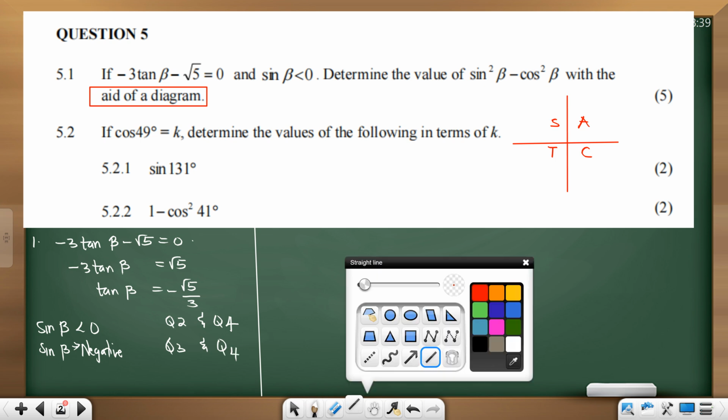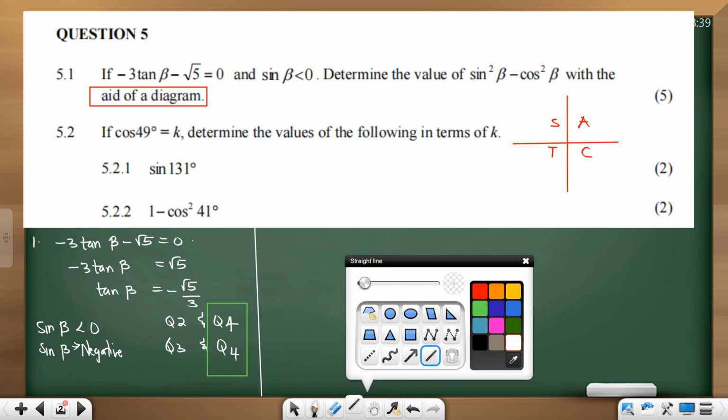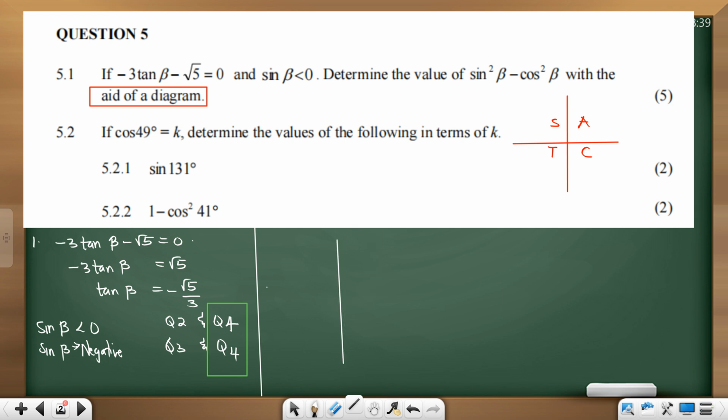I am going to look for what is common. Quadrant 4. So my diagram should be in quadrant number 4. And that is the shape of my quadrant, and that angle becomes beta. That is very, very important.